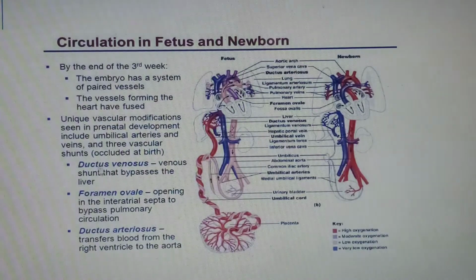We bypass the liver via what we call the ductus venosus. Remember, from the umbilical vessels most of the blood will get into the right atrium of the heart, bypassing the liver by going through the ductus venosus, because we're talking about the umbilical vein, so venous.